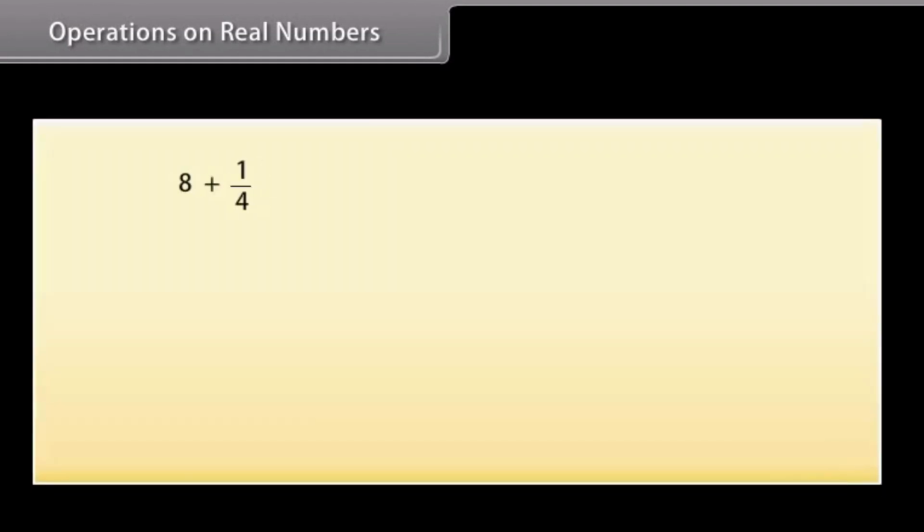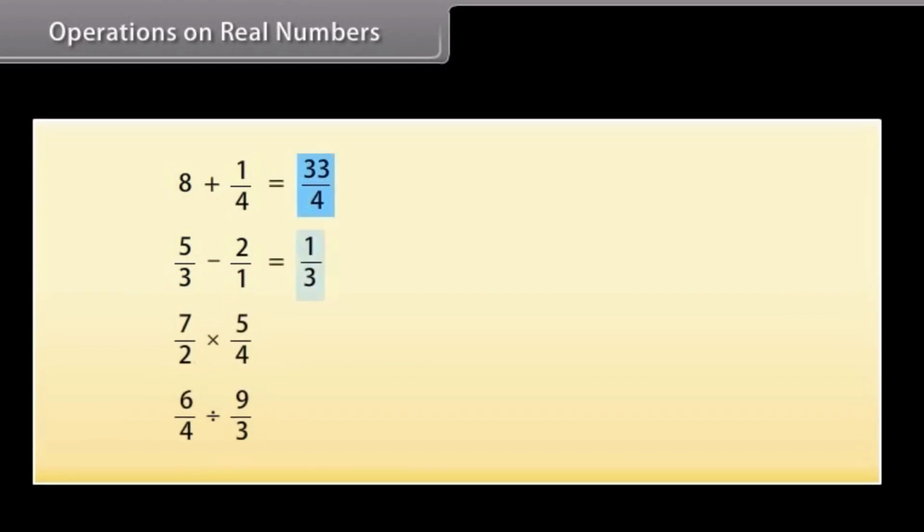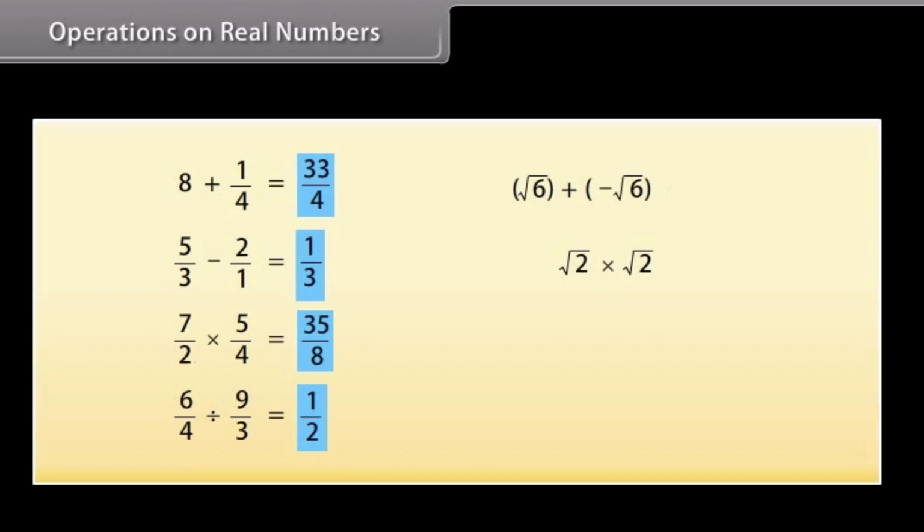Operations on real numbers. Can you tell what we get if we add, subtract, multiply, or divide two rational numbers? We will get a rational number. But if we add, subtract, multiply, or divide irrational numbers, the number we get is not always irrational.